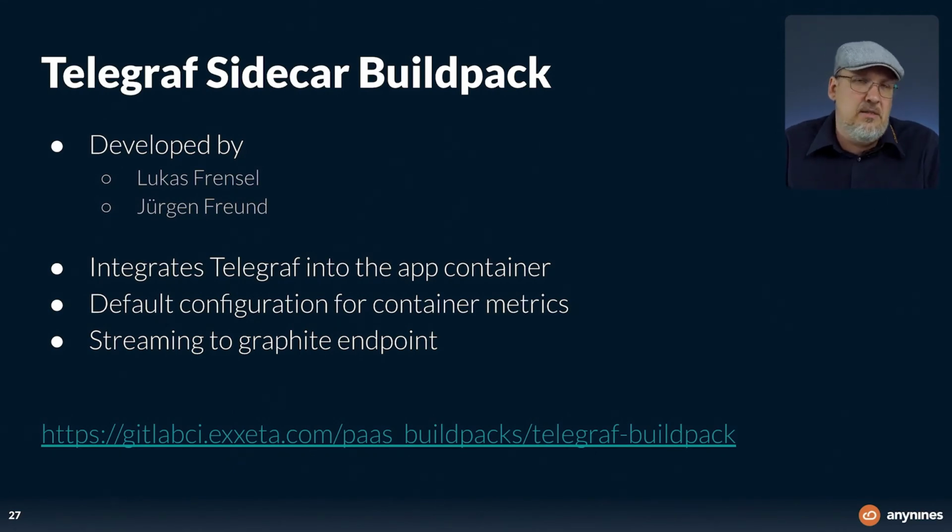When you add the Telegraf sidecar buildpack to your application, it integrates Telegraf into your application container and also applies a default configuration to it. All system metrics are then streamed to a Graphite endpoint, which can then be scraped by Prometheus. I highly recommend to have a look into this repository. And this is the solution I will go with.